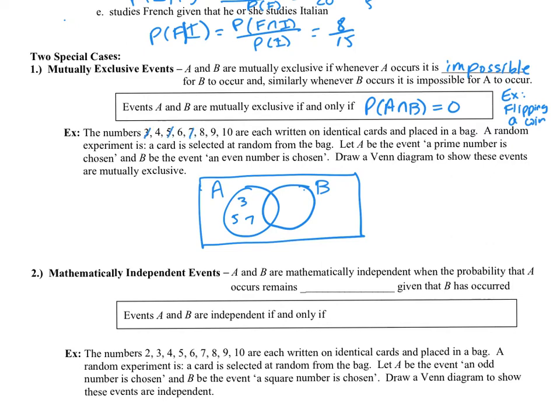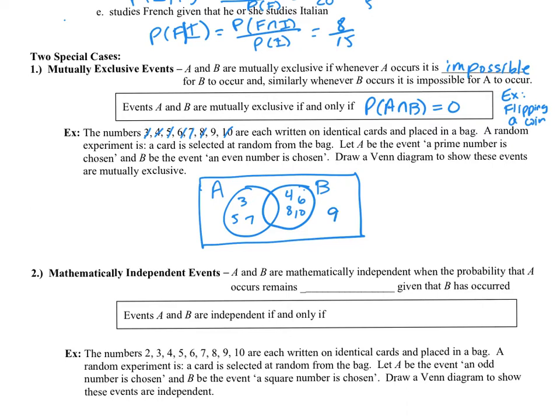Then our even numbers are 4, 6, 8, and 10. So they're going to go in this circle, 4, 6, 8, and 10. And then don't forget about this number 9. It's in the universal set. It's in the bag, but it's neither prime nor even. So 9 needs to be somewhere over here outside of those circles.